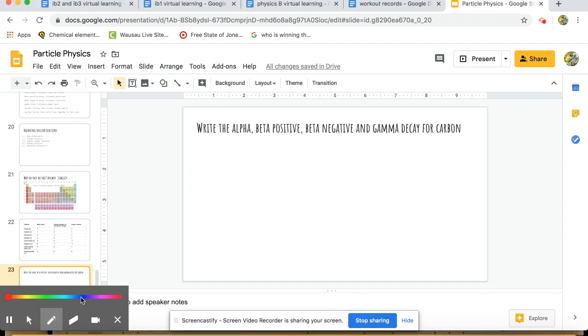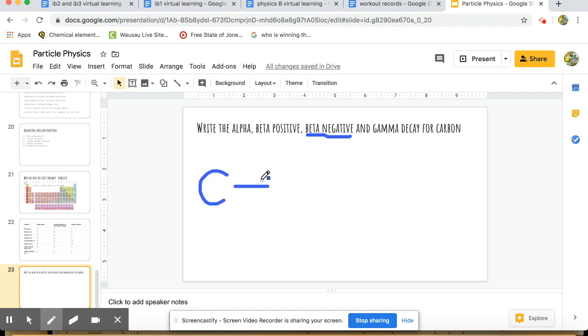All right, now let's try the beta negative reaction. Starting with carbon, so carbon is going to decay. And now beta negative, going back to that, the definition of beta negative is it releases an electron. And it's going to obviously produce other things too, so add a plus there.